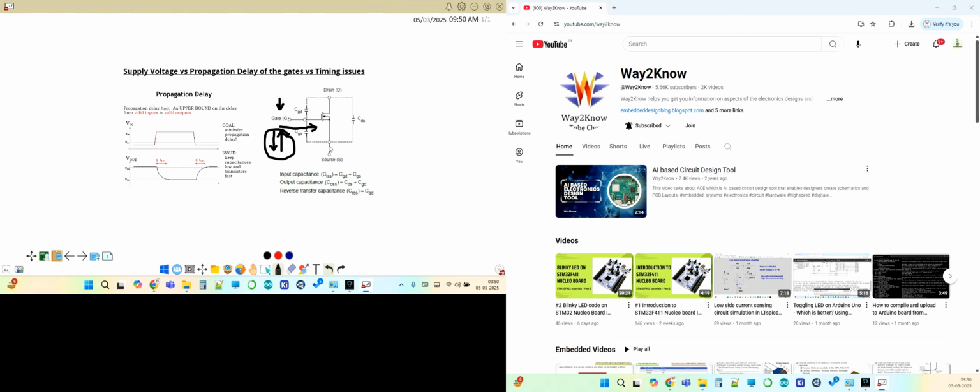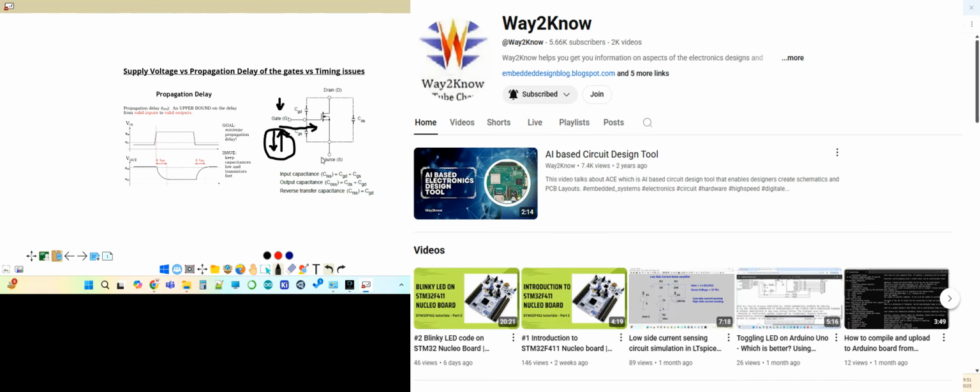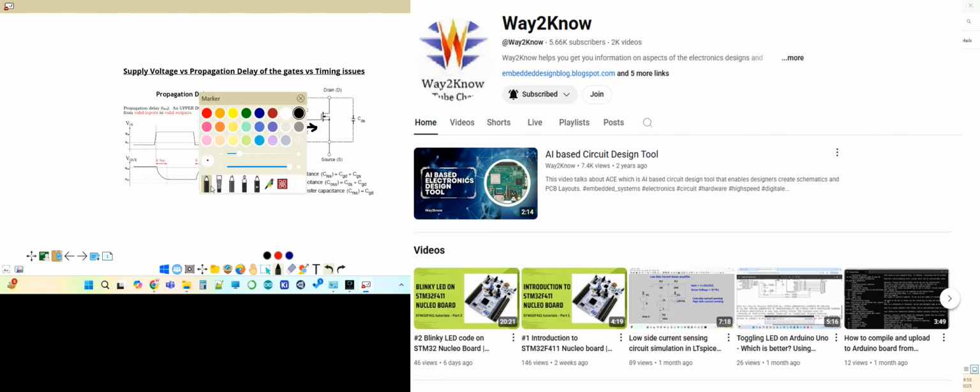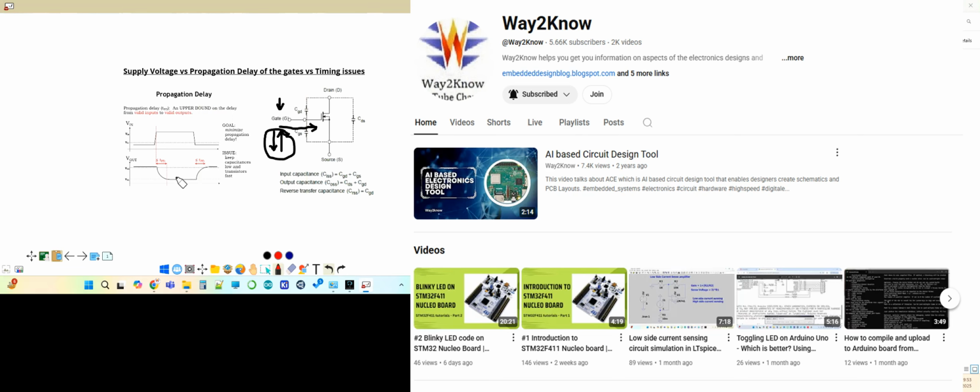So when we talk about supply voltage, understand that your power supply variation is actually causing the timing issue in the PCB. As you can see in the graph here, there is a V in that is being given, and we are getting a V out from the circuit.